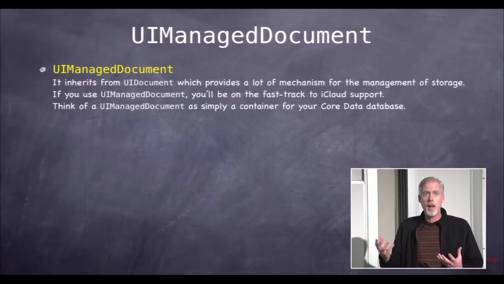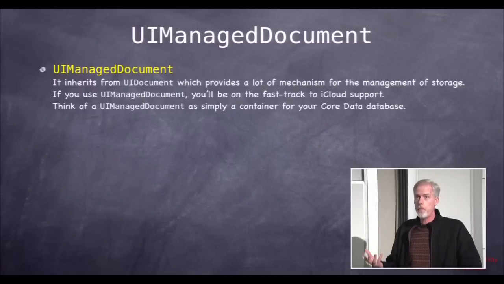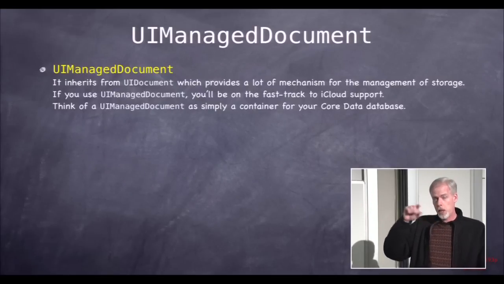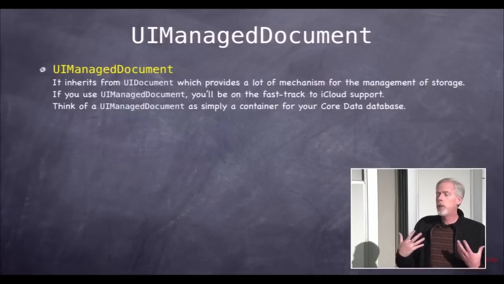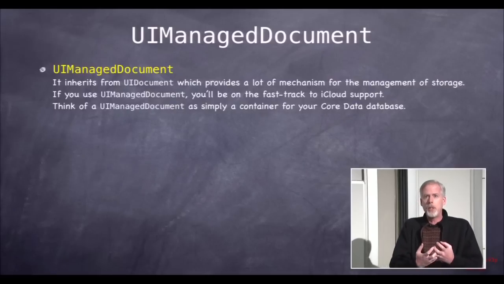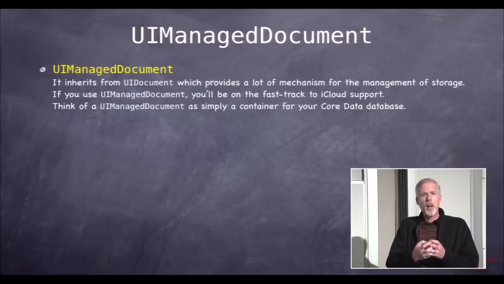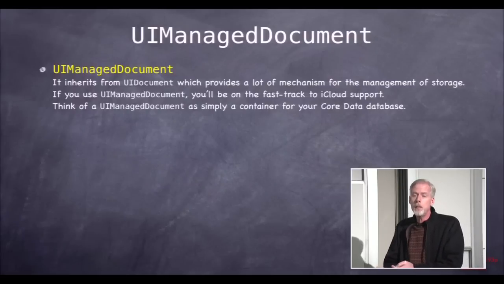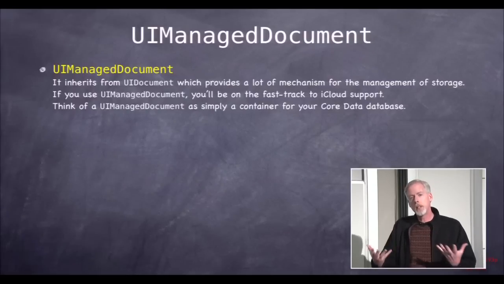If you want to support iCloud in your app, you're probably going to want to use UIManagedDocument. It does a lot of the mechanism for pushing things up to the cloud and pulling them back down, which we'll hopefully be talking about in a lecture, maybe even next week. But really what you want to think about UIManagedDocument is that it's like a container to hold your core data database. And that container provides a little bit of functionality so you can save your database, open up your database, things like that.